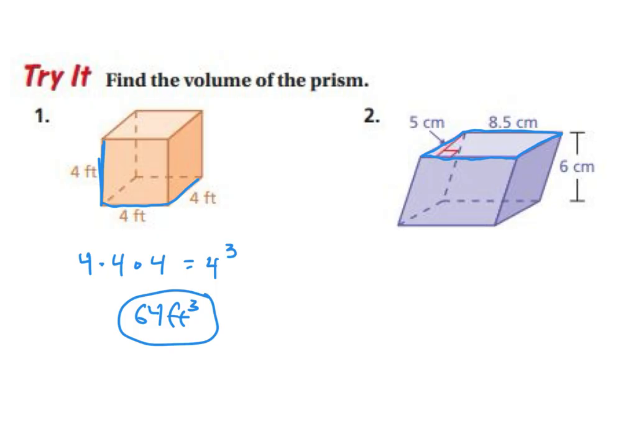So area of the base is going to be 8.5 times 5, which is 42.5. And then you're going to multiply that by the height, which is 6. 42.5 times 6 is 255 centimeters cubed.